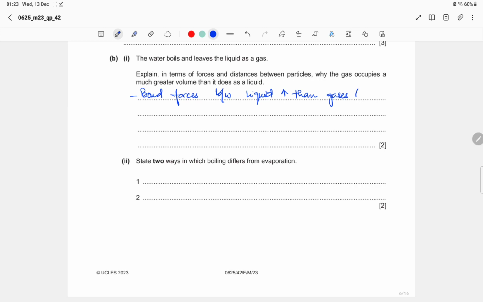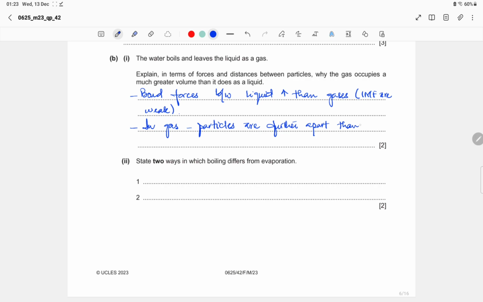The intermolecular forces of the gases are weak. Now, in gas, particles are further apart than in the liquid.